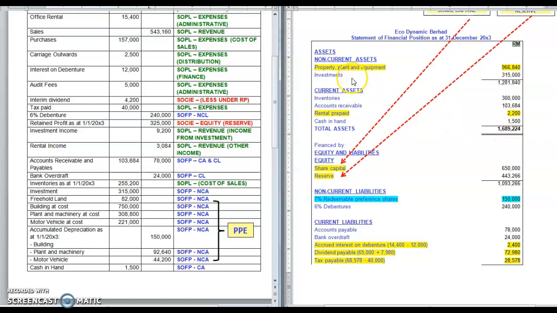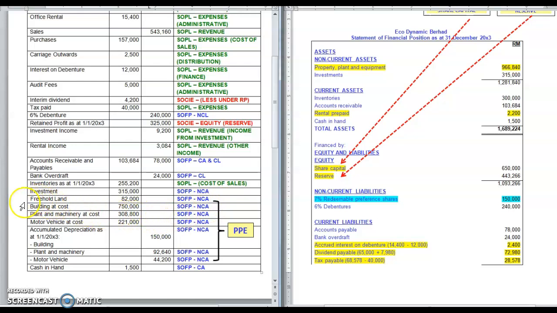Now please take note, as I mentioned earlier, for the non-current assets, we have three different types of assets: intangible assets, followed by tangible assets and investments. As for the tangible assets, as required by the standard, we have to summarize them under the item of property, plant and equipment.